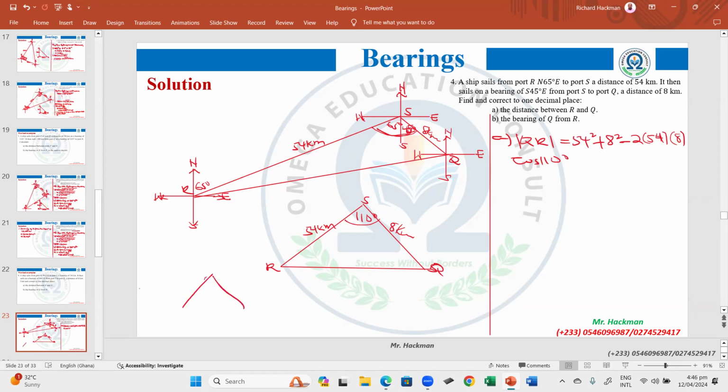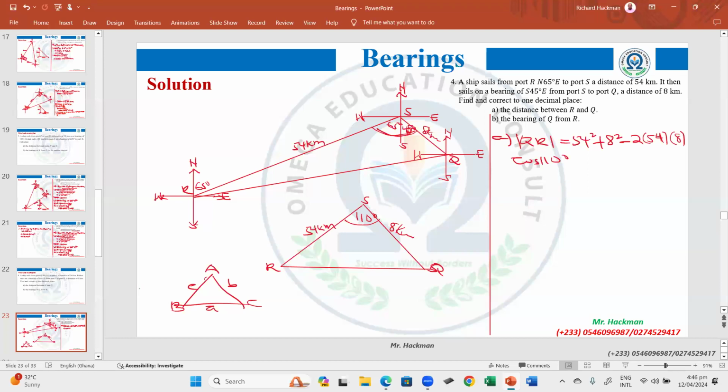Anytime you have a triangle, maybe ABC, we usually say that the side opposite vertex A is small letter a, opposite B is small letter b, opposite C is small letter c.